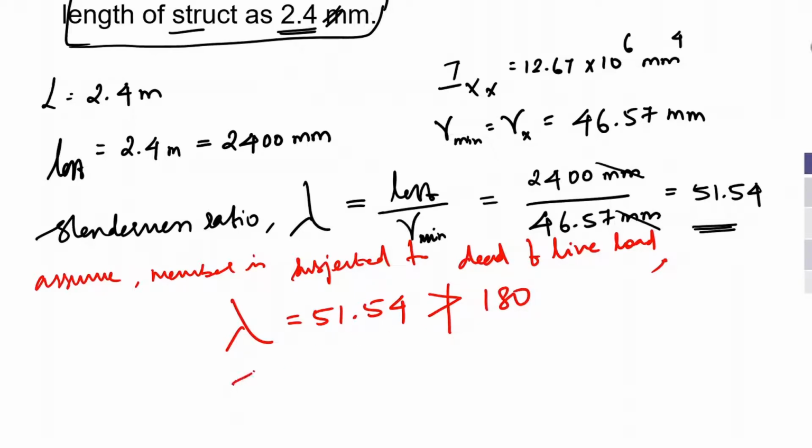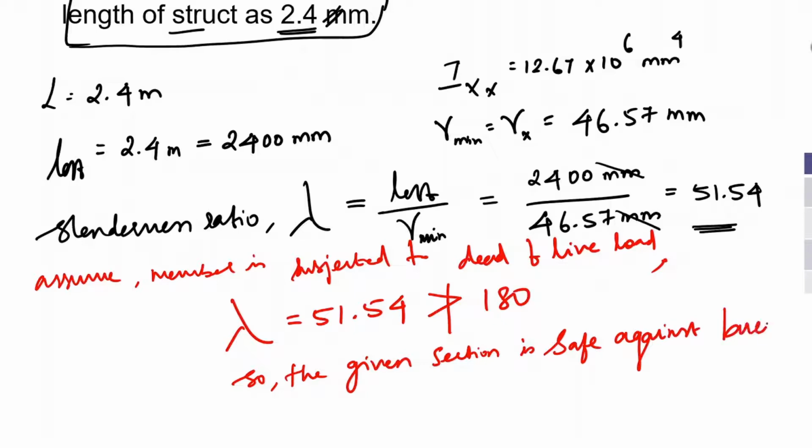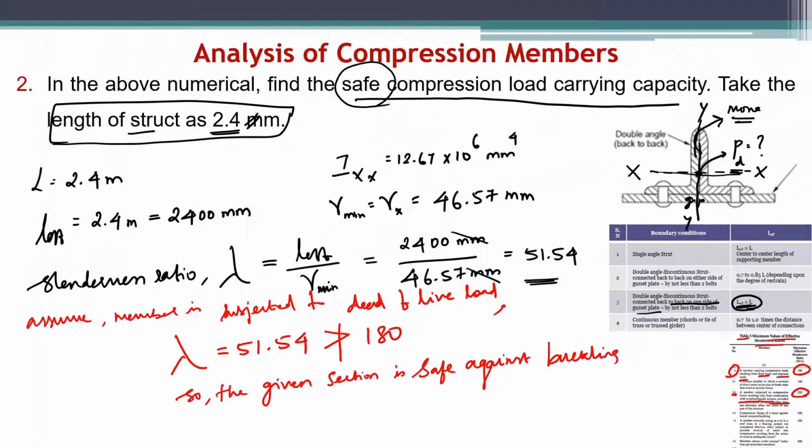So the given section is safe against buckling. It doesn't mean that this column won't fail in buckling.